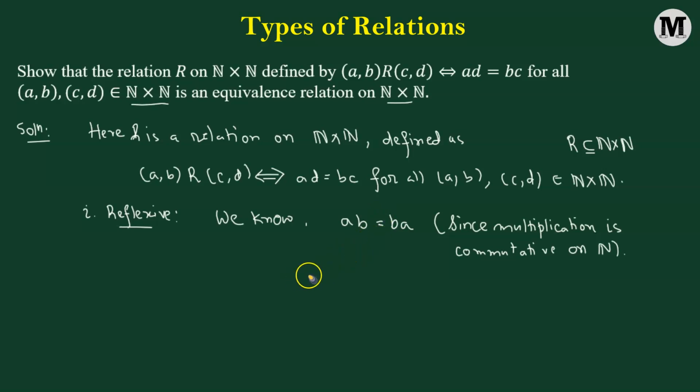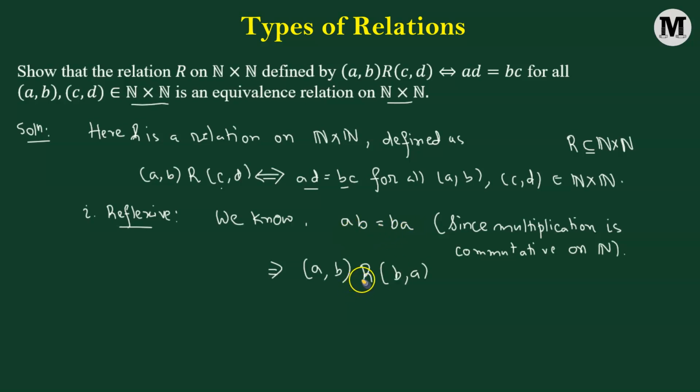Right. Now if A times B equals B times A, then this implies that the ordered pair (A, B) is related to the ordered pair (B, A), because it's given in the definition that (A, B) is related to (C, D) if and only if AD equals BC. But in our case, the ordered pair (C, D) is given by (B, A), and this came from the fact that AB equals BA.